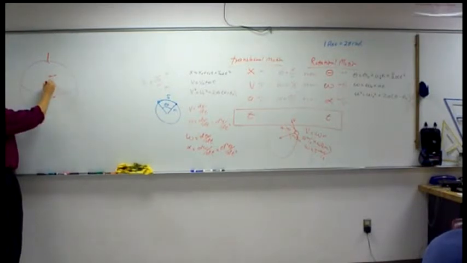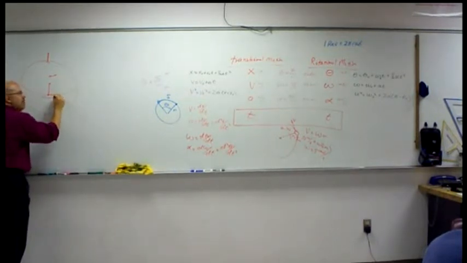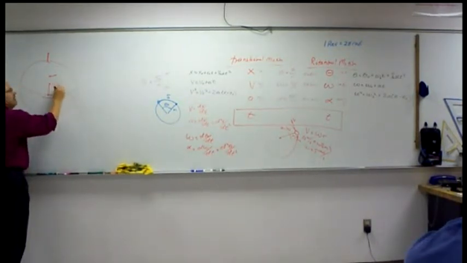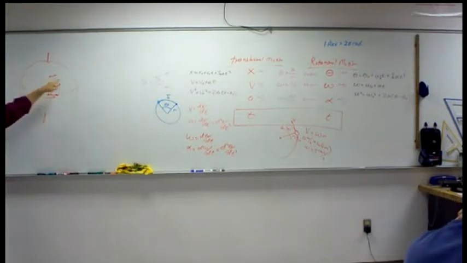Your cannon is shooting the cannonball this way, but the cannon itself is already moving this way. So this is the net resultant of your cannon shot. It's actually moving that way when it leaves the barrel. If you are outside the Earth, you would see it travel this path.